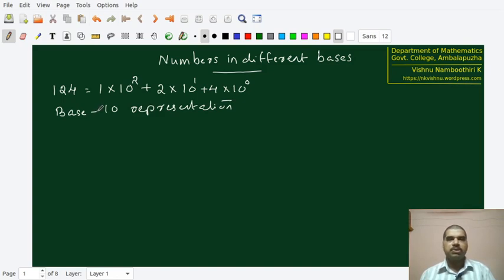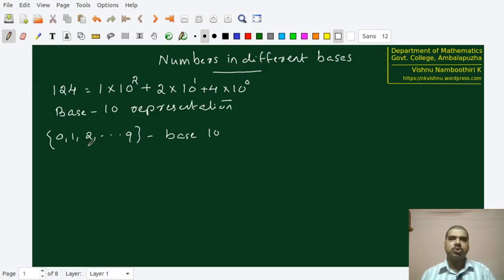In base 2 representation, 2 is the base, whereas in base 10 representation, 10 is the base. Recall that in base 10 representation, we have 10 digits to represent a number, which are 0, 1, 2, etc., 9. These are the digits used to represent a number in base 10.